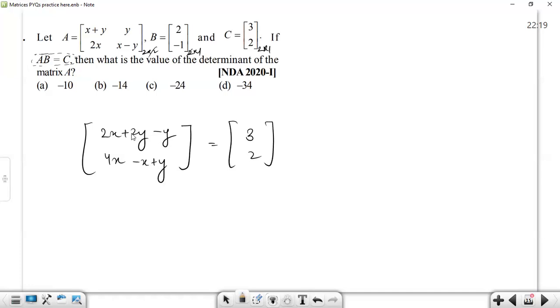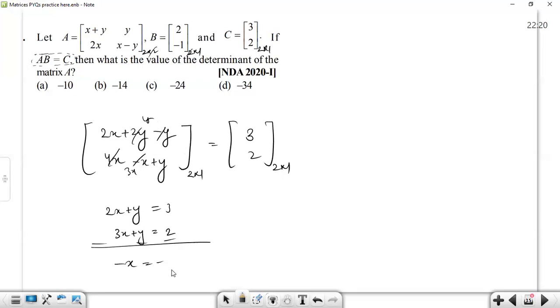Now we can equate, if two given matrices are equal, we can equate their elements. So 2x plus y equals 3. And this becomes 3x plus y equals 2. Let's subtract both equations.